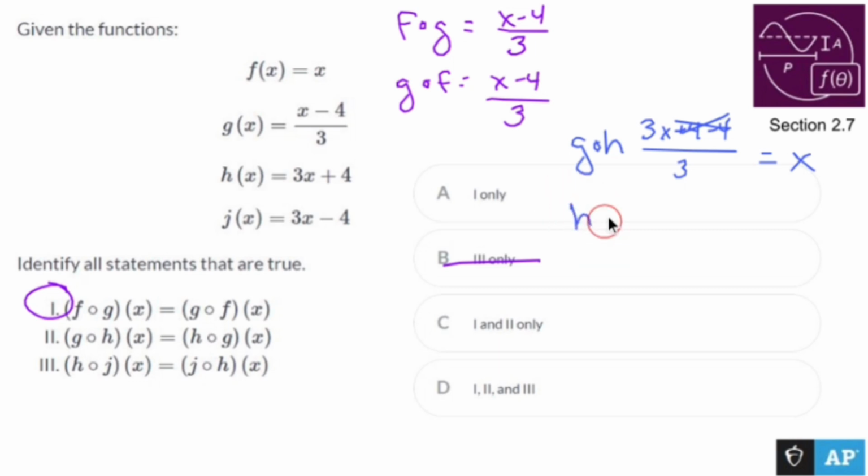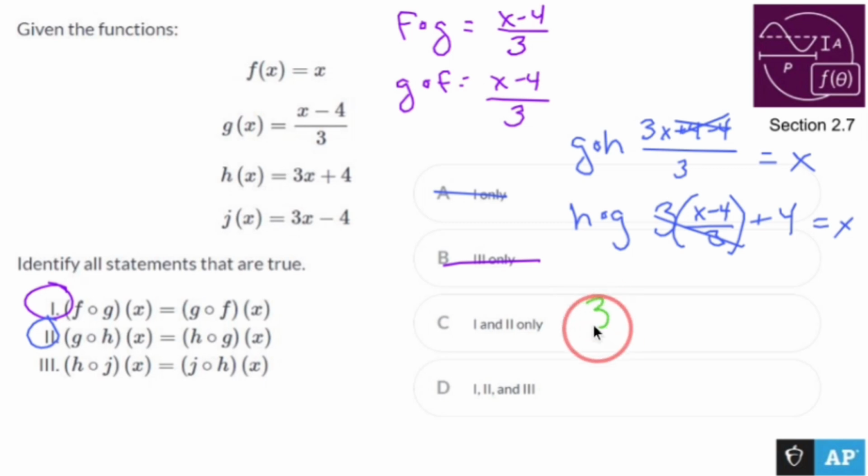Let's see what h of g is. H of g means I start out with h and replace every x with g. Don't forget the plus 4. These cancel out. And then I'll have x minus 4 plus 4, which is just x. Oh, how nice. Of course, I have to keep going because it's never that simple. H of j has me start out with h, and substitute j for every x.